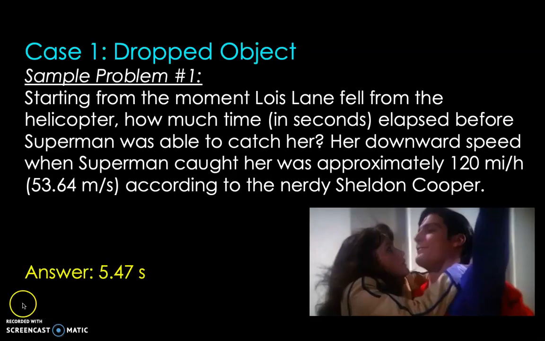There you go. So you can actually notice that it is a pretty fast time. That's roughly 5.5 seconds. And yeah, it's really fast considering that Lois Lane has actually fallen from quite some time and that Superman had to catch up with where she was at that point. But of course, as we have heard before, Superman is faster than a speeding bullet, so it's not quite surprising.